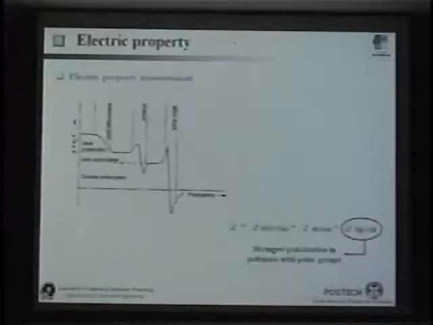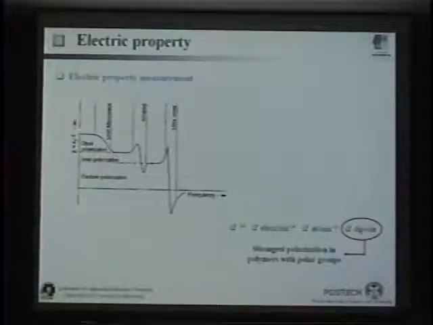Next. Another characteristic of organic gate dielectrics: for the inorganic case, electronic or ionic polarization is dominant. But for polymers, the dipolar group plays an important role in the K value.